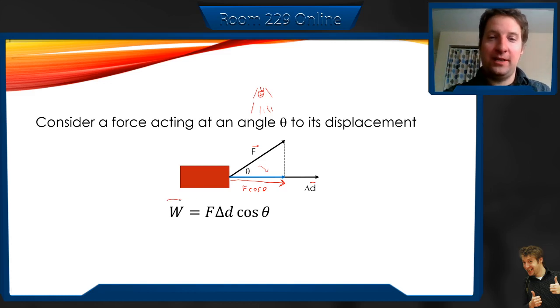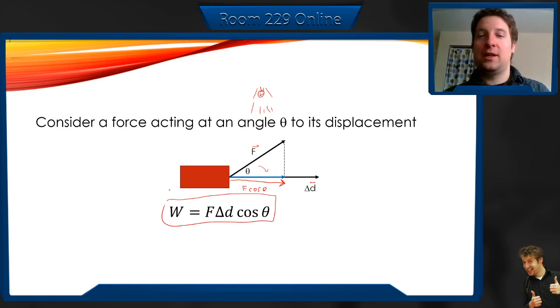So if we don't have it in the same direction, the work will still be F delta D, but it'll be multiplied by the cosine of the angle. And notice if the angle is 0, if they're collinear, cosine of 0 equals 1.